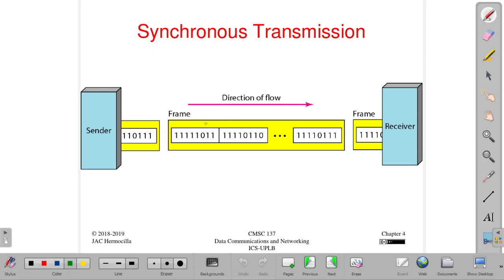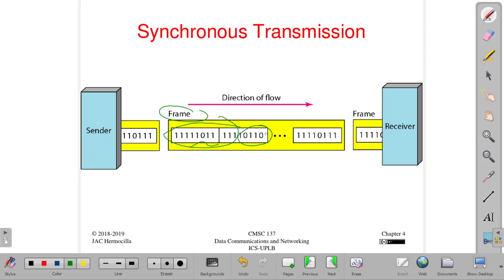The interpretation of this grouping of bits is done at the data link layer. Recall our discussion in the OSI TCP/IP model. The grouping is actually called a frame, and it's not on a per character or per 8 bits basis. So the grouping can be something like this or something like this.